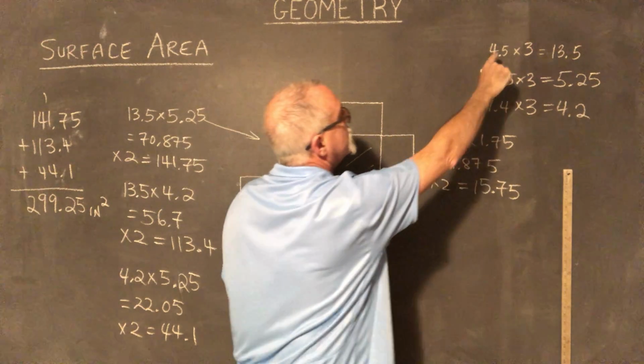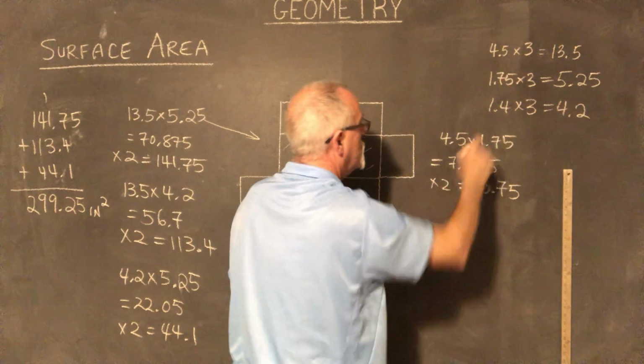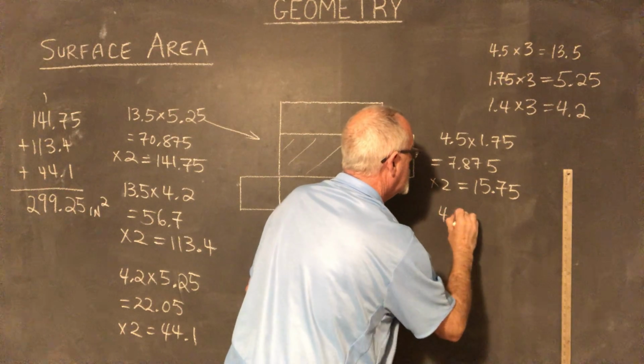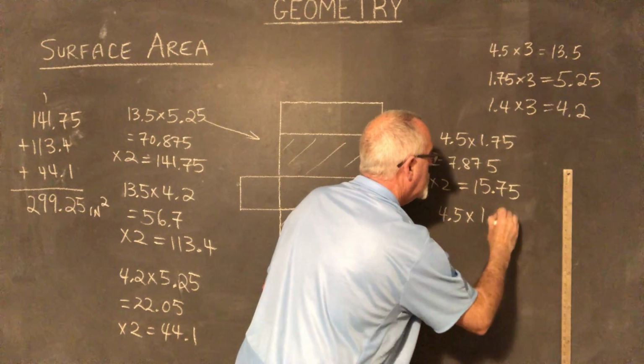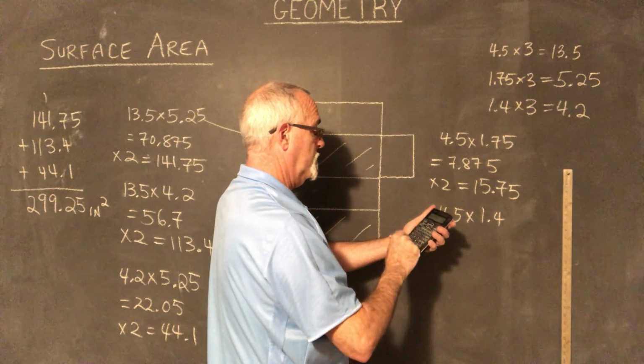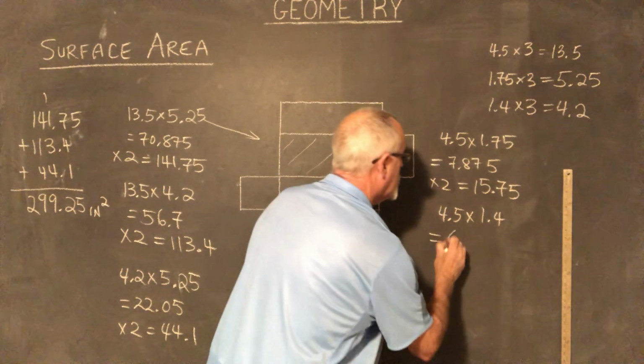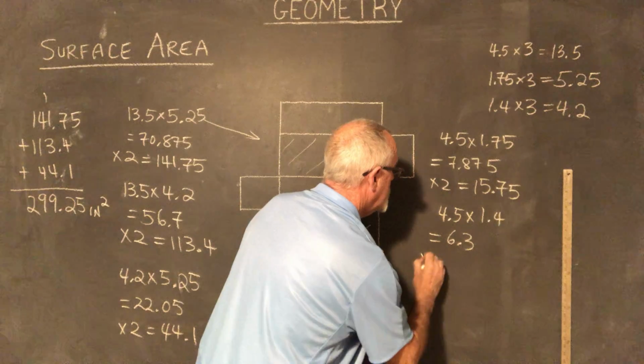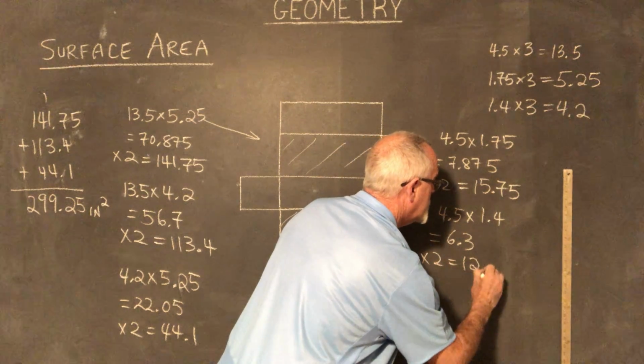Then 4.5 times 1.4 equals 6.3, times 2 equals 12.6.